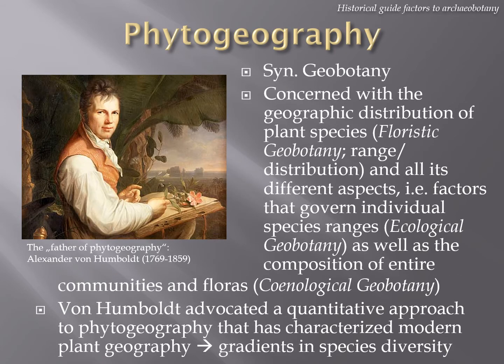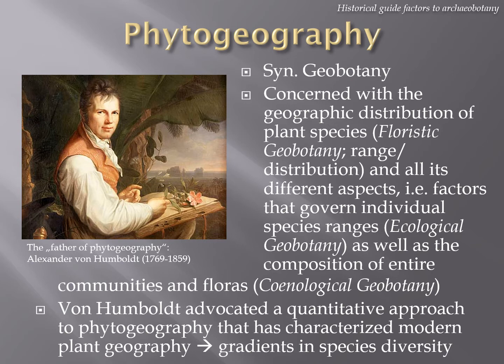After having considered the main research questions in archaeobotany, we should have a look on some methodological traditions. Archaeobotany at least partially developed from phytogeography, traditionally known as geobotany or also as floristic geobotany.